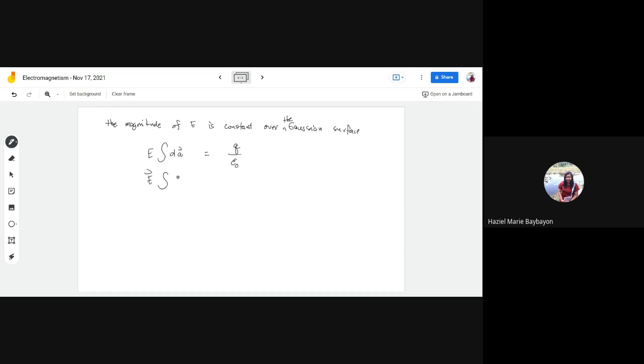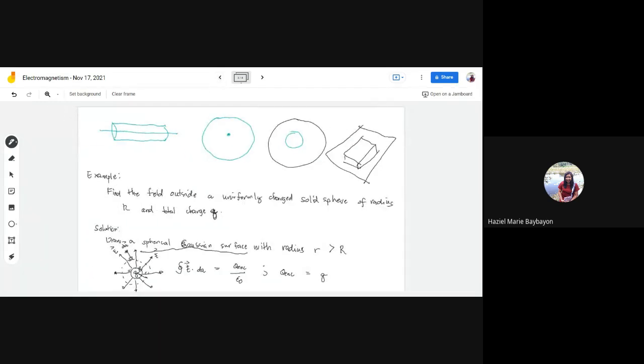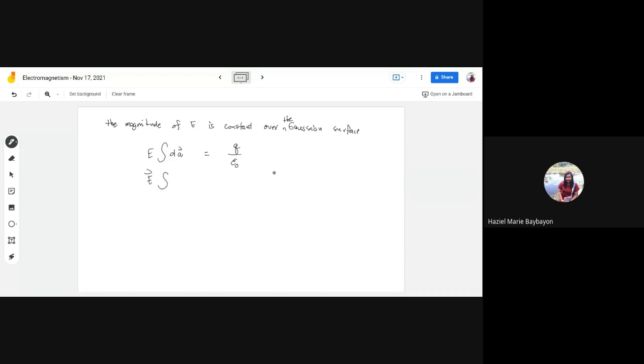So we have for this, wherein our R is constant, we have R squared sine theta d theta d phi, kabalo naman tada class no? We have R squared sine theta d theta d phi equals Q enclosed over epsilon naught.